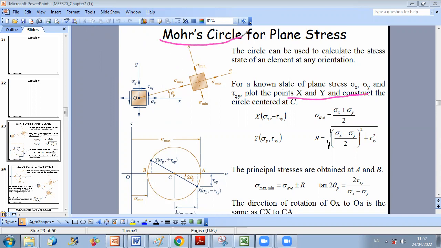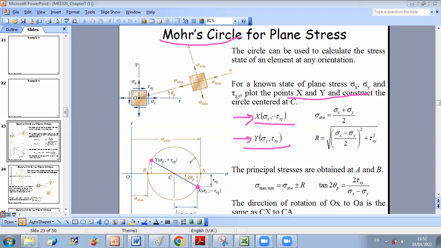How do I construct this circle? I just have to put 2 points. One point is of coordinates sigma x, minus tau xy, and the other point is of coordinates sigma y, plus tau xy. Once I put these 2 points, then I can construct my circle, because these 2 points are opposite to each other.